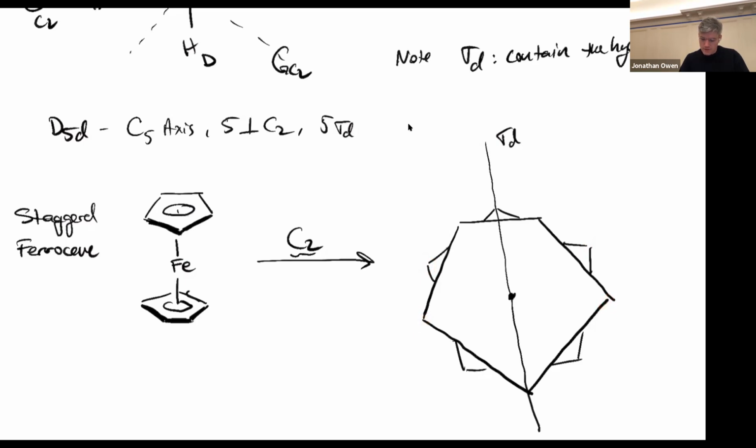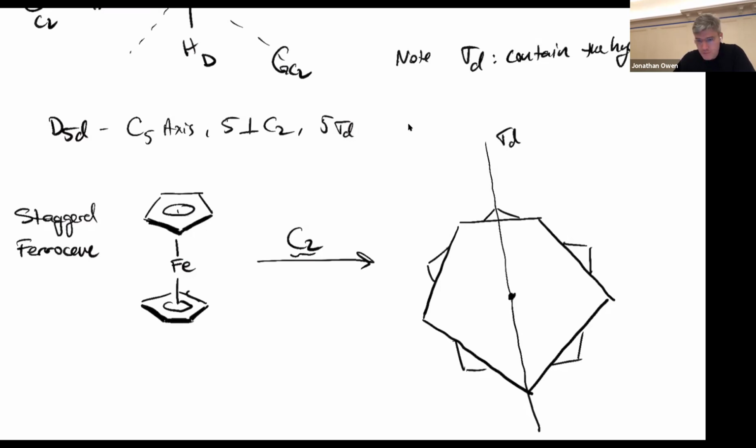And you can do this sigma D in 5 different orientations. Just pick the various points of the pentagons here. Work your way around.